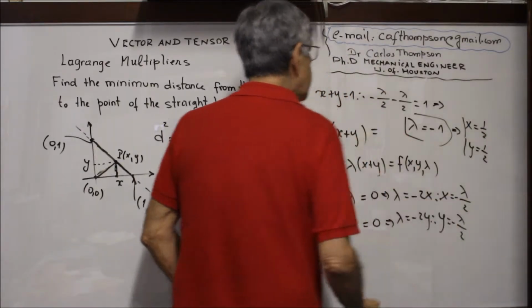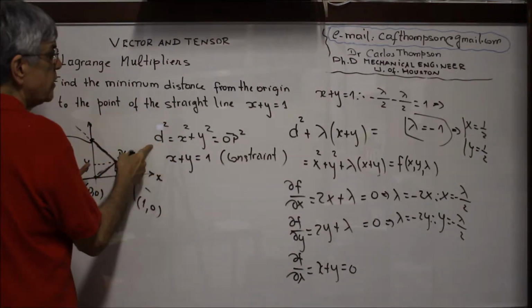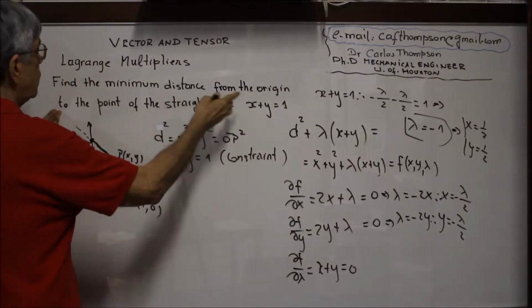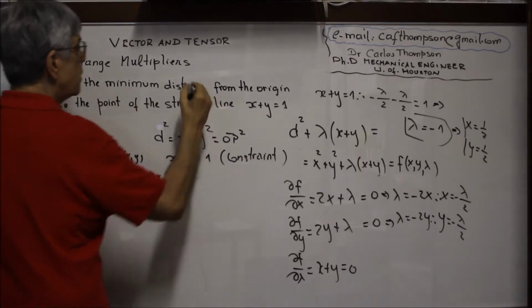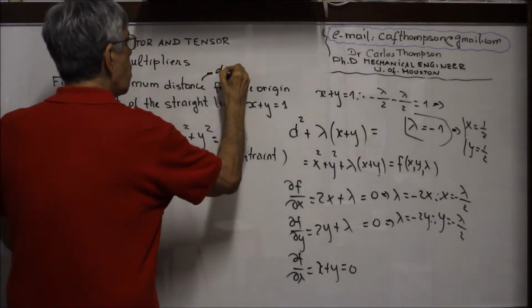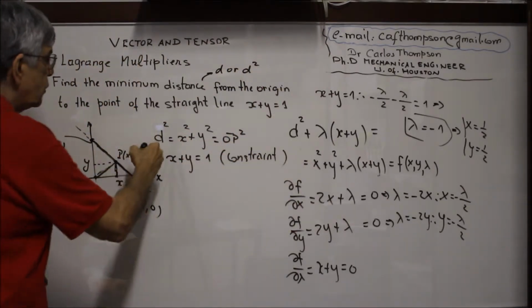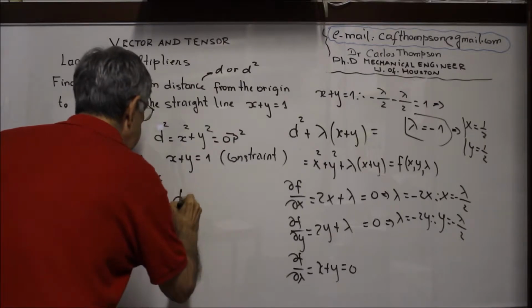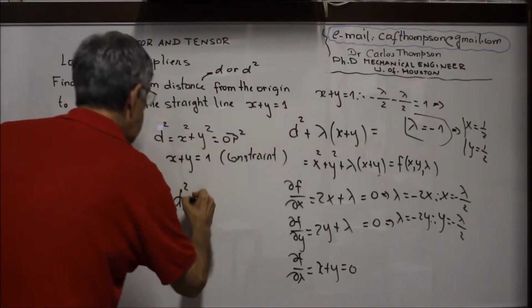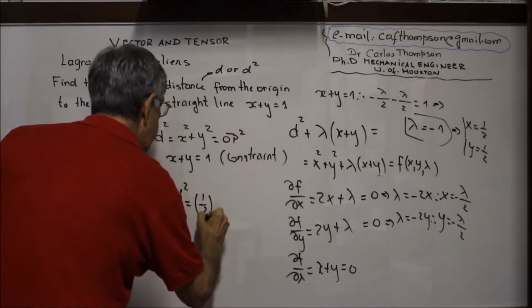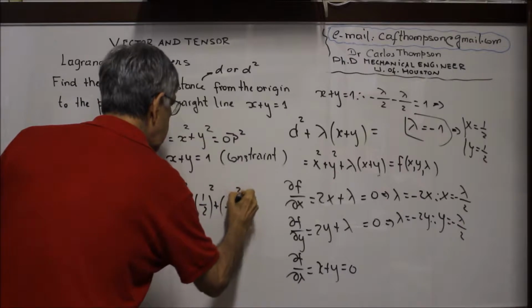So for this value, you can find the minimum distance. It could be d or d squared, it's the same. Now, d squared will be, let's substitute x and y here, (1/2) squared plus (1/2) squared.